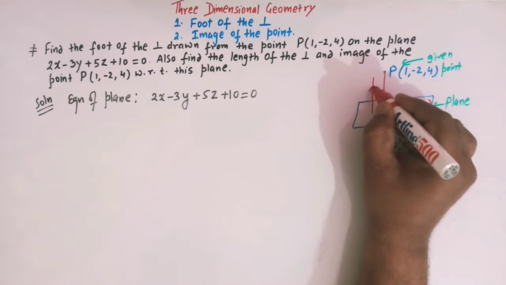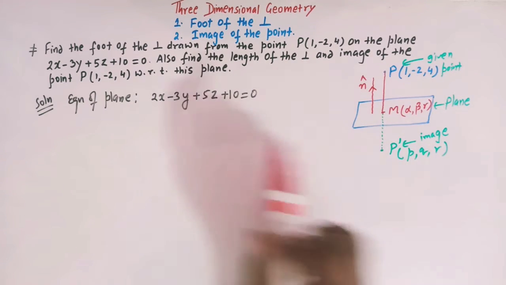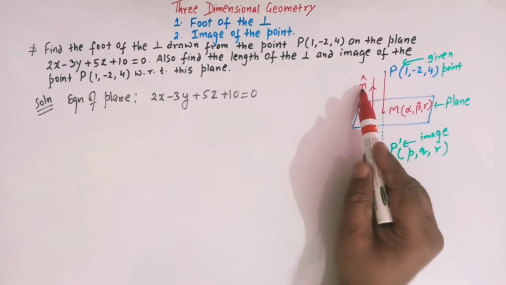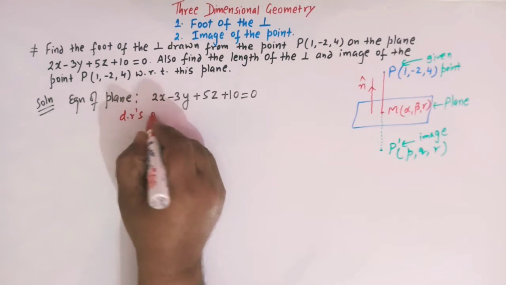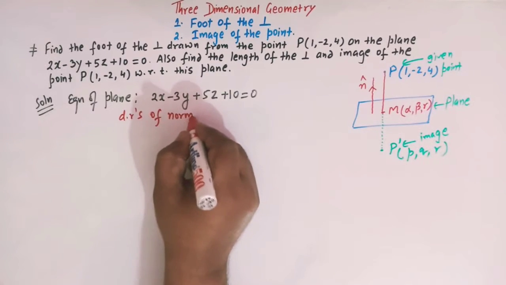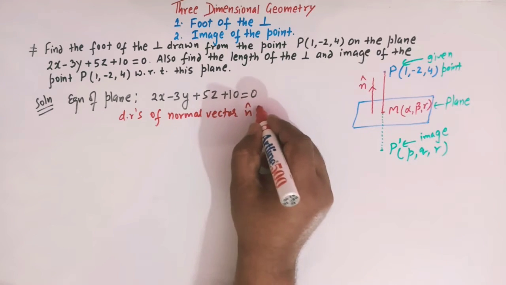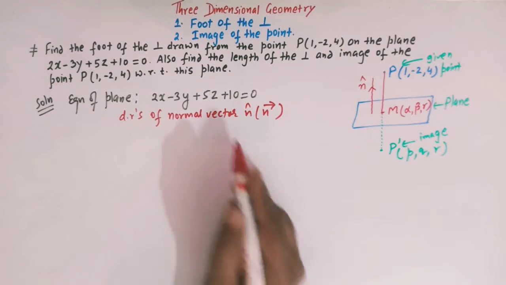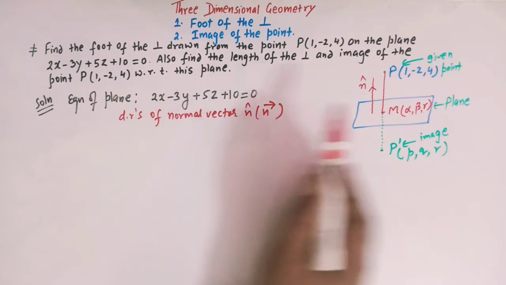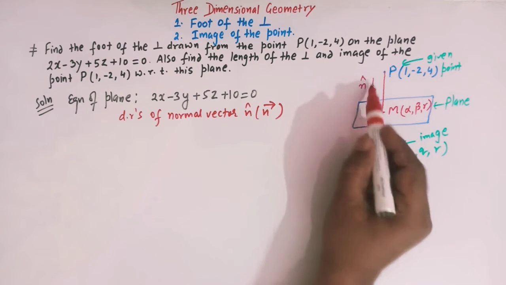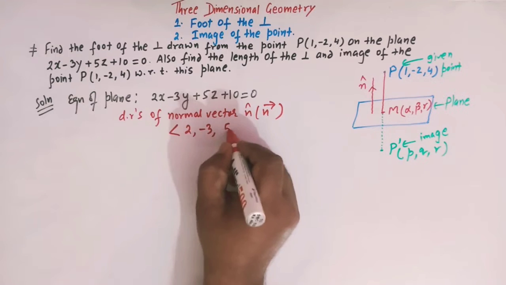So this is the normal vector to this plane. And the direction ratios of this normal vector n cap, or we can take vector n, are given by the coefficients of x, y and z. So the direction ratios of this normal vector are given by 2, -3 and 5.